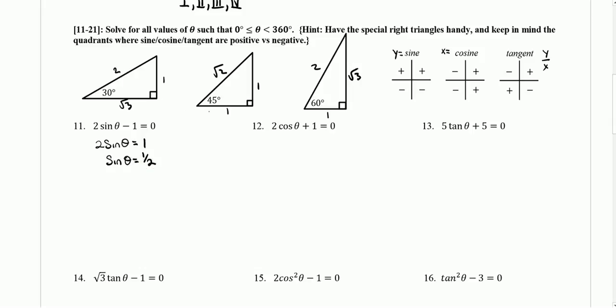So we know that the sine of 30 degrees is 1/2. Just look at the triangle above, where 1 is the opposite side, 2 is the hypotenuse, sine is opposite over hypotenuse. But is that the only one that will satisfy this?